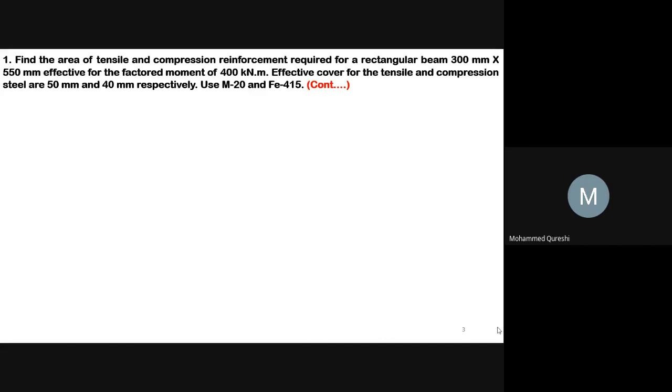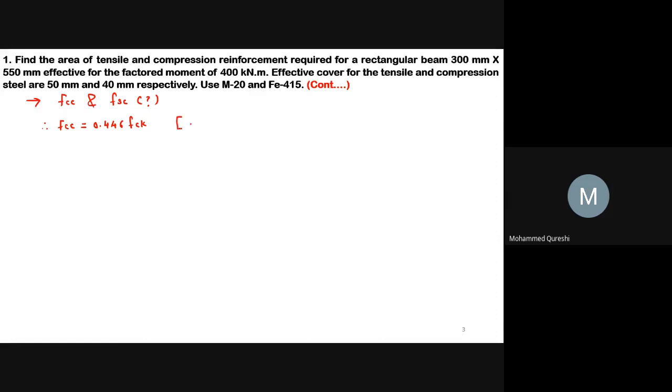In the next step we have to find the values of fcc and fsc. Both values are unknown for us, hence we have to calculate them. Now we know that fcc equals 0.446 fck.